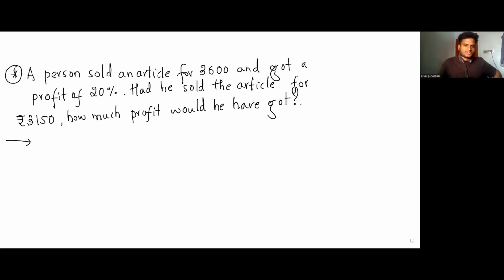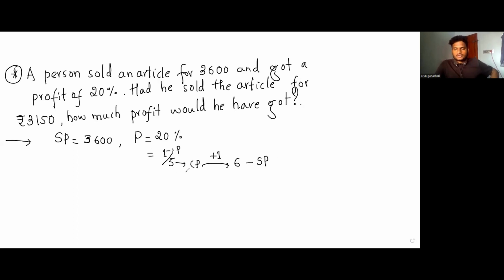What are the two transactions which are taking place here? Selling price is 3,600 and the profit was given as 20%. What is 20% in fraction? 20% in fraction is 1 by 5. What is 5 here? Cost price. And 1 is profit. As we are having profit, we have to add it. So selling price will become how much? 6. When 5 was the cost price, selling price was 6.